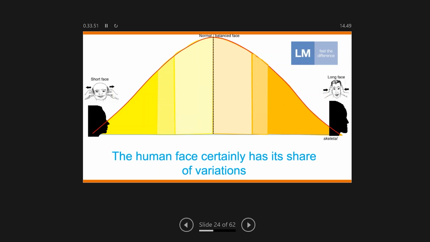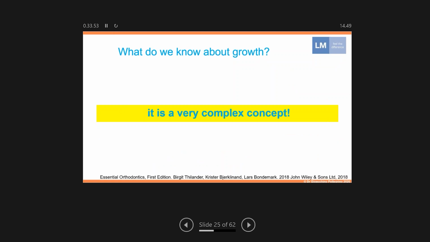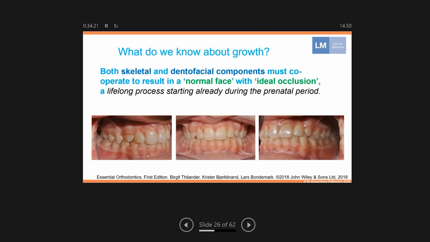This concept is very important because we all know that growth is a very complex concept, and normally we consider it so strong and so theoretical, but it is not so, because if we know what growth means, we can find the signs of growth every day in our work.